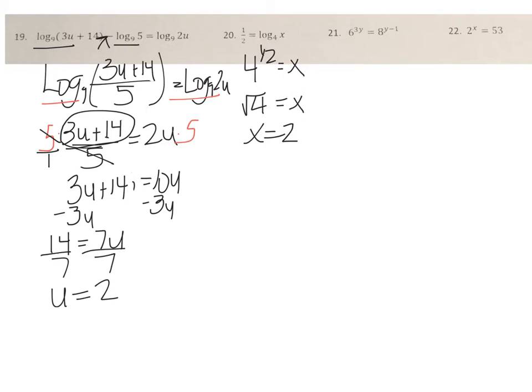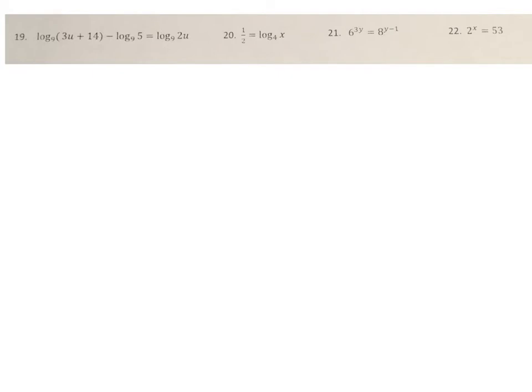Number 21. 21 is the long one. I'm going to clear off the rest of this screen because I think I'm going to need it. We're going to take the log of both sides. The log of 6 to the 3y equals the log of 8 to the y minus 1.